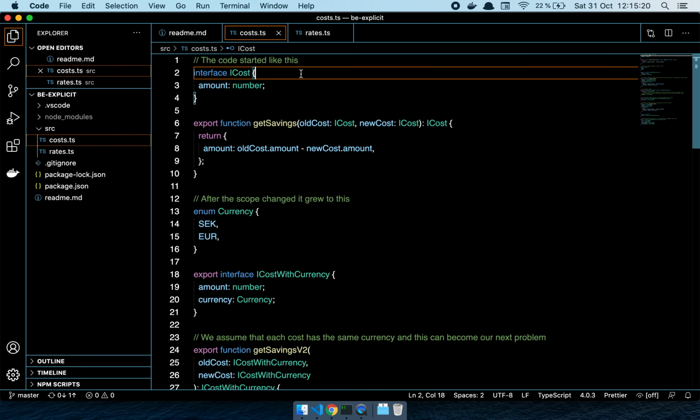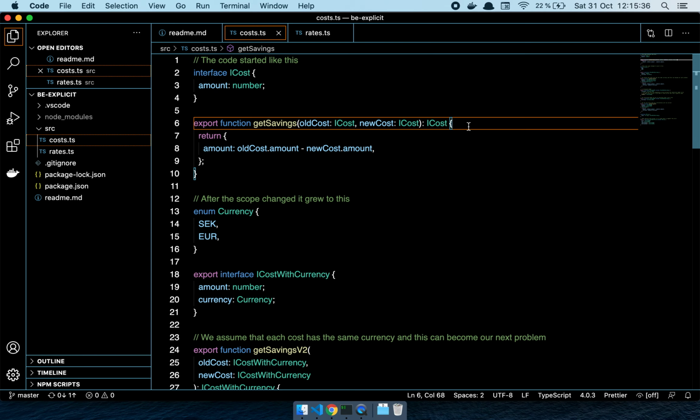And although that is very obvious to anybody who is working here and using a Swedish system, it's not a big deal. So we had a lot of logic that looked similar to this: get savings or calculate price, and all we really needed to do was old cost minus new cost. We knew that we were in Sweden.